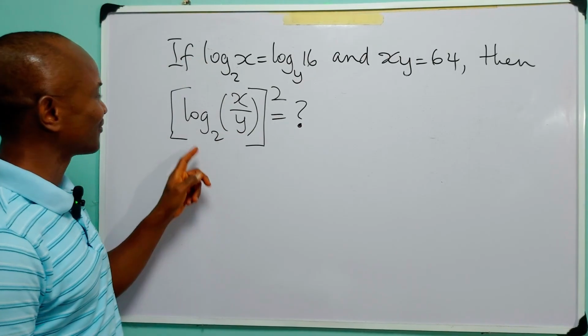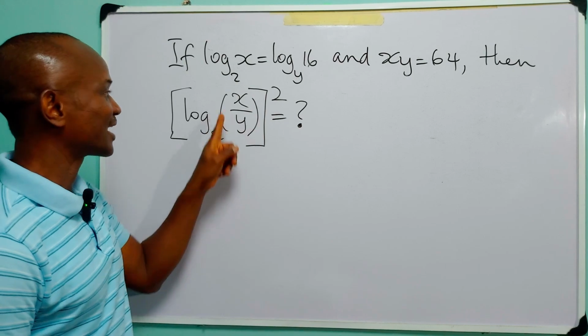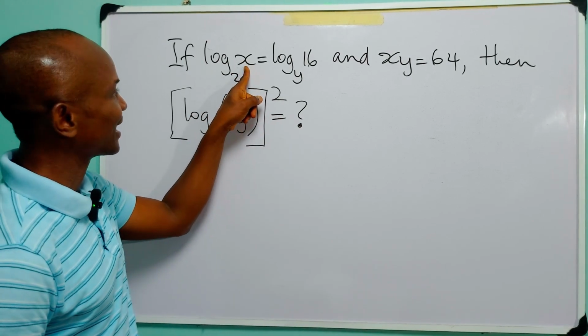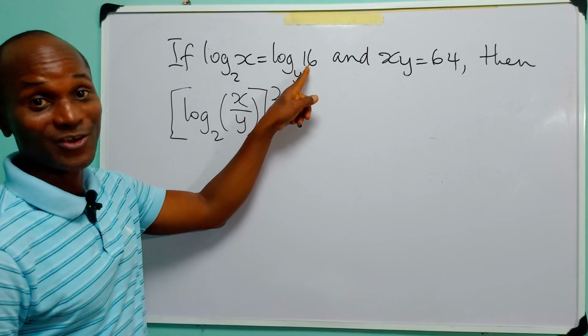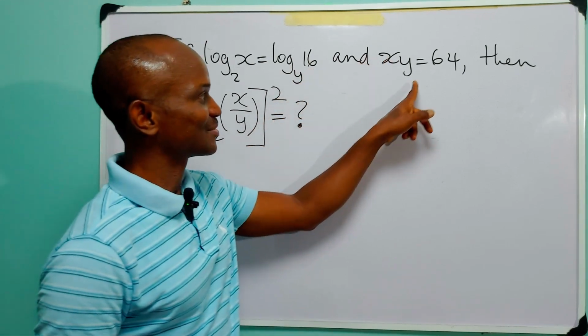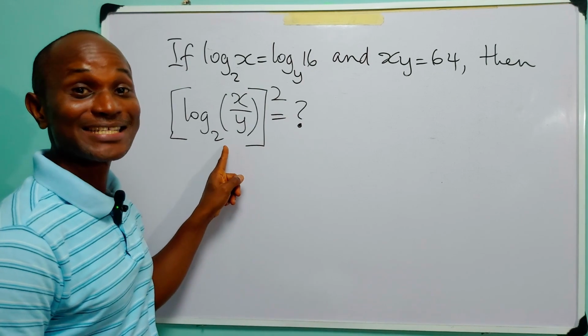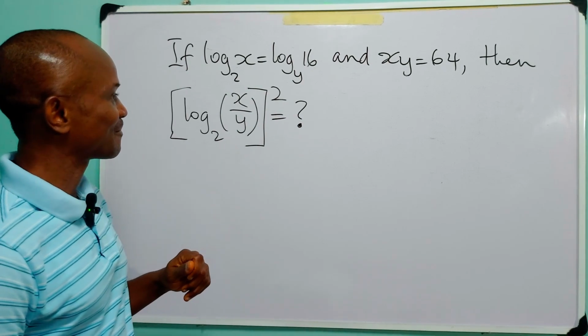Our task for today is to find the value of log to base 2 of x over y squared, given that log to base 2 of x is equal to log to base y of 16 and x times y is equal to 64. Now we will start by deconstructing this statement.